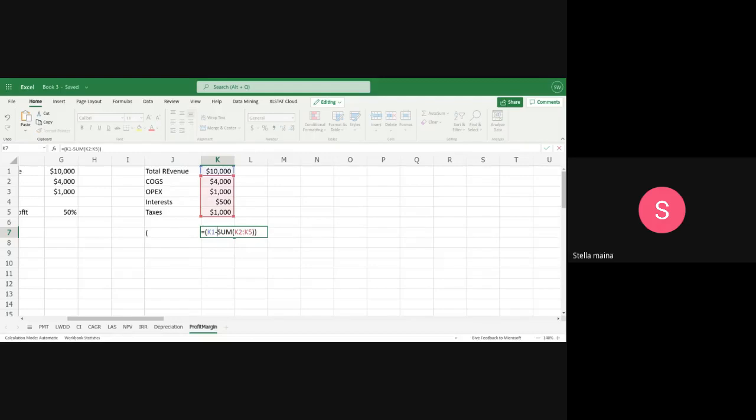So all that divided by the total revenue, which is K1. Doing that in percentage, it becomes 35%. And that is now our net profit margin.